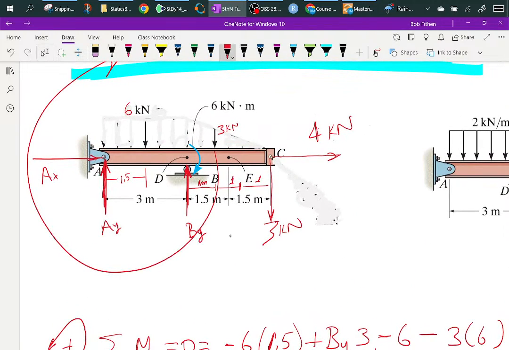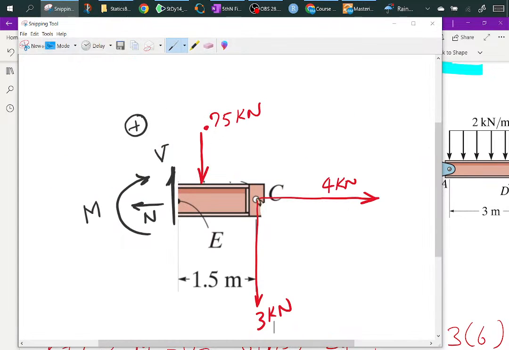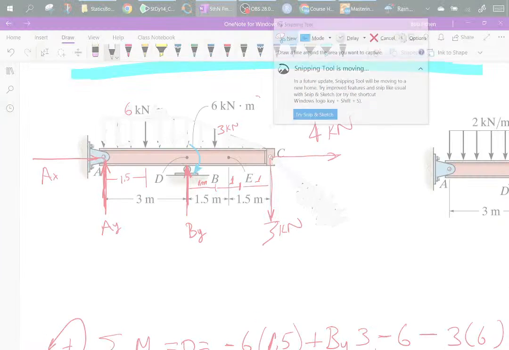So here's what I got now. Since I've already broken this apart, and it looks pretty ugly, maybe I could make that white marker a little bit better, but I'm just going to use that picture. I know it looks ugly. Okay, so here we go.